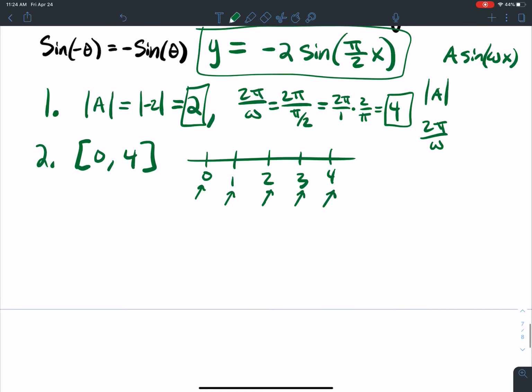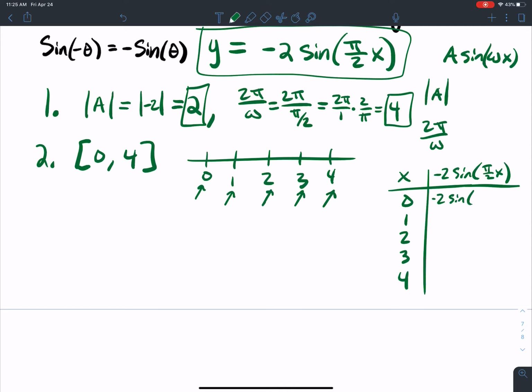So I'm going to take my table here. I've got my x and I have my negative 2 sine pi over 2x. And so I have 0, 1, 2, 3, and 4. When I plug in 0, that's 0 multiplied through, so that's going to be 0.